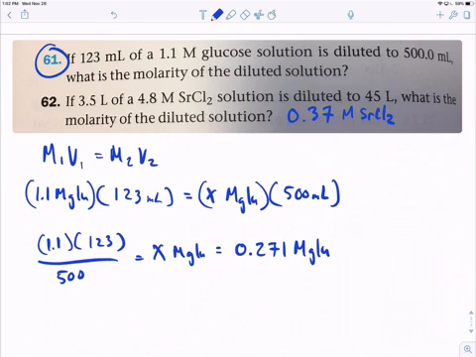Oh, there's two sig figs. So what's that?